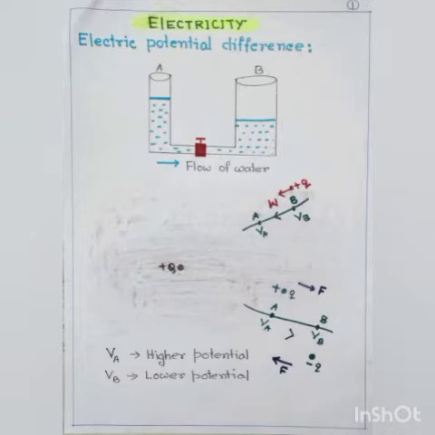Now see, if you allow any positive charge to move, where will it go in any electric field? First let us consider one example. If from a certain height you make any particle free, where will it go?